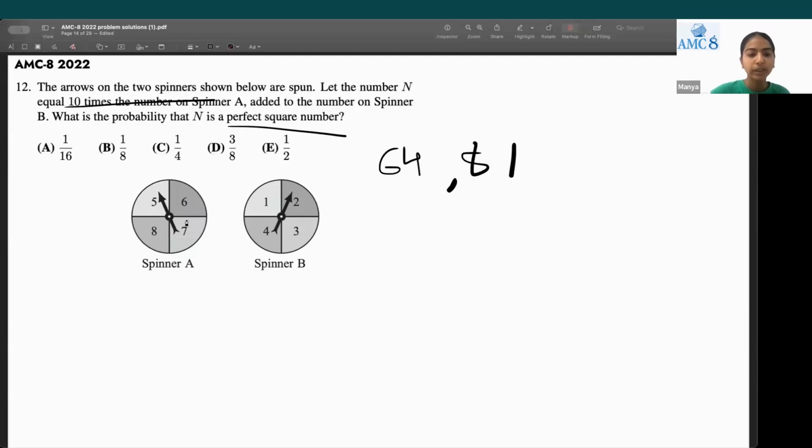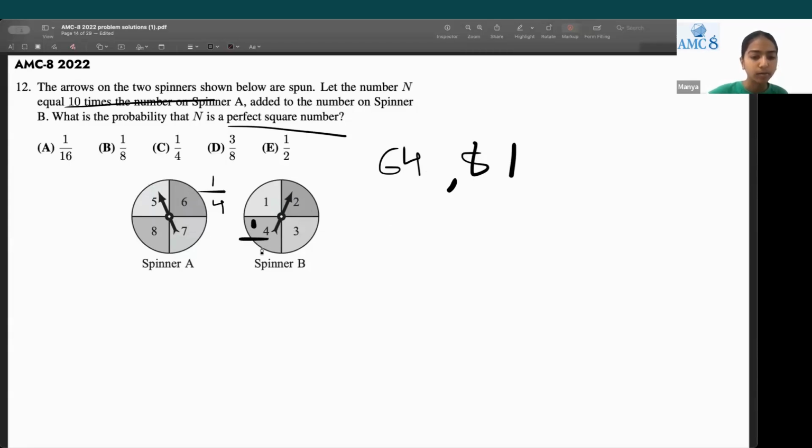So how many possibilities are there? To find the total number of possibilities, we can just list them out. Or we know that there's a 1/4 chance of getting a 6 here, and there's also a 1/4 chance of getting a 4 here.